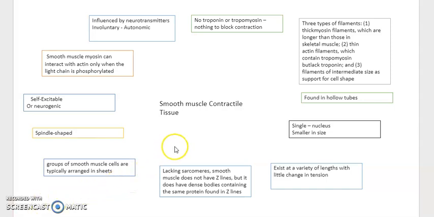So now we're talking about smooth muscle, where there is no troponin or tropomyosin. And again, the myosin will interact with the actin only when this light chain of the myosin is phosphorylated. So these are found in hollow tubes, such as our digestive system and our blood vessels.